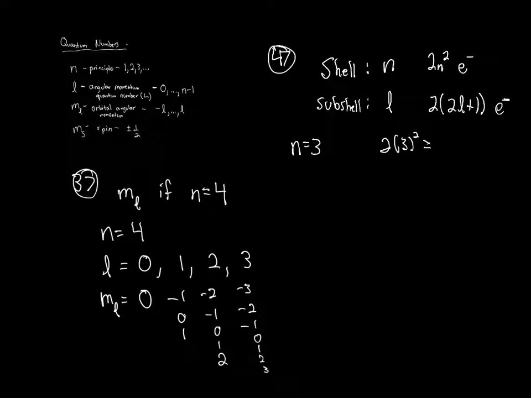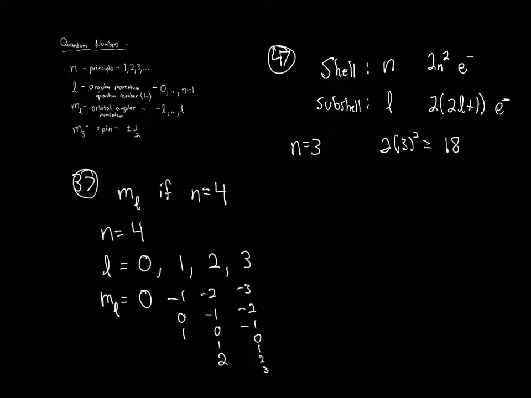What's 2 times 3 squared? 3 times 3 is 9, times 2 is 18. That tells me how many different quantum states I need to write. I'm going to have 18 different ones. N equals 3, 2 times 3 squared equals 18, equal to 2n squared electrons. That tells me how many pairs of quantum numbers I'm going to have. So now I can start writing out the table of the quantum numbers that exist for this one.